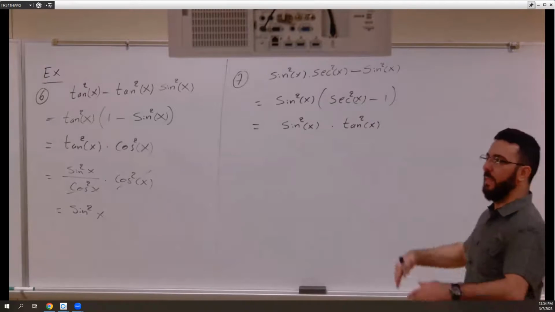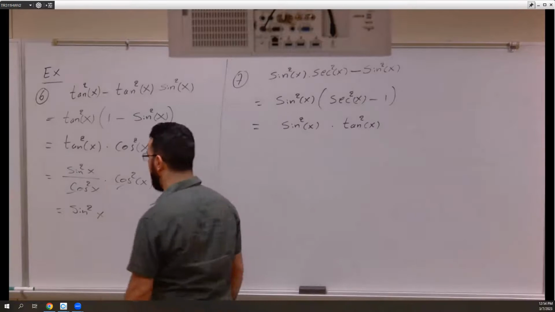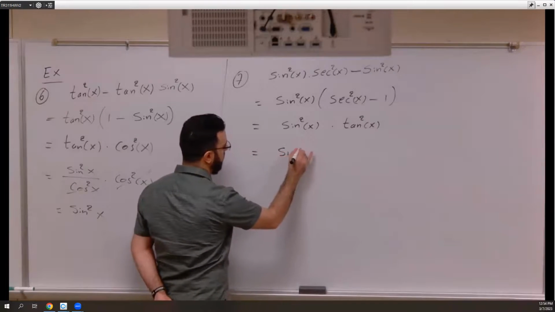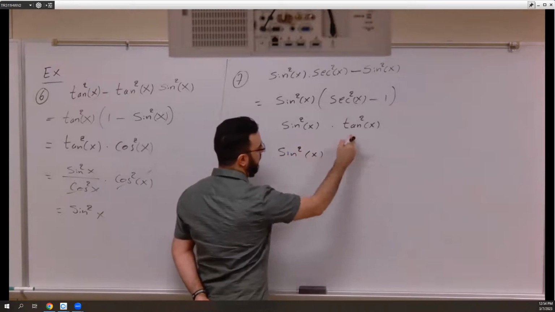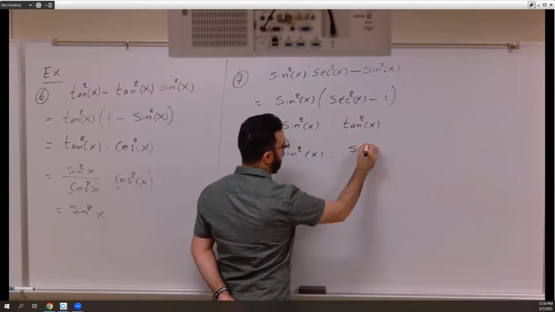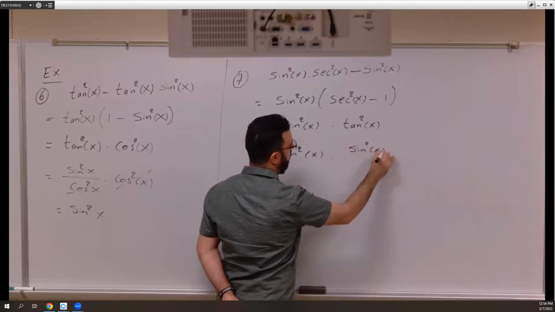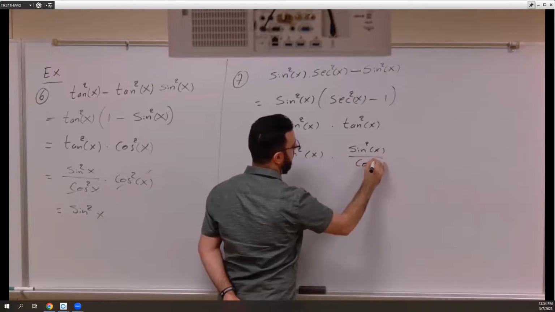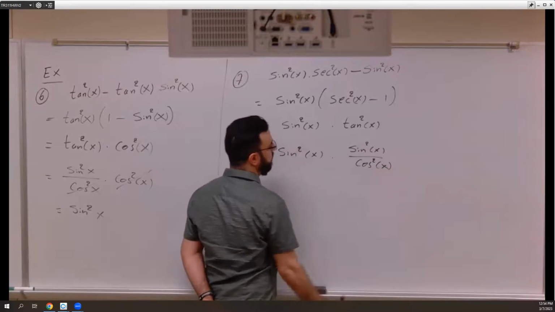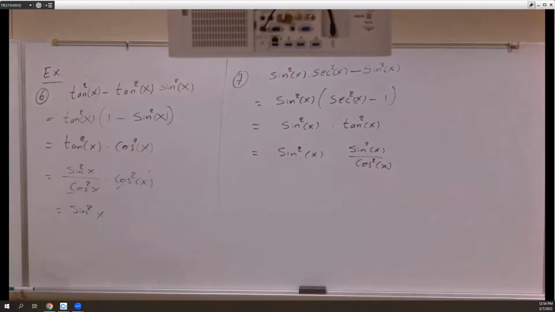You can do tan x. The tangent equals what? Sine x over cosine. Okay, so this is sine square x, and this one is sine square x over cosine square x. Can we simplify it now? Yes or no?